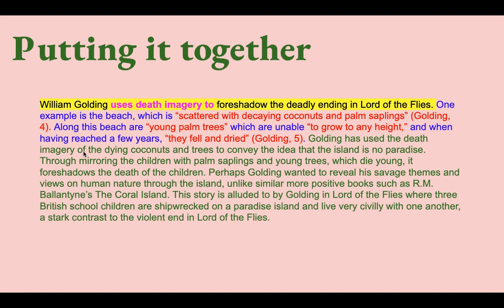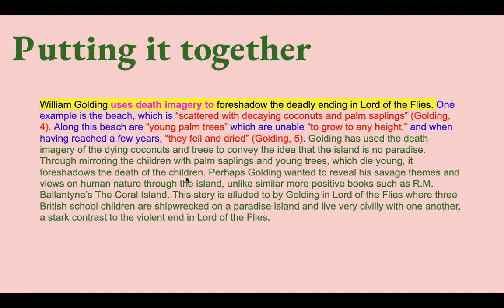Golding has used death imagery of the dying coconuts and trees to convey the idea that the island is no paradise. I've not used "shows" here. I'm just doing level 1, just identifying that it's death imagery and what it's for. Through mirroring the children with palm saplings and young trees which die young, it foreshadows the death of the children.